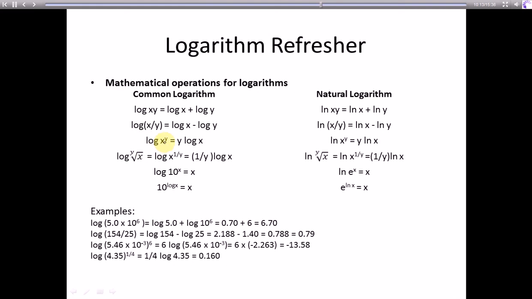If you're taking the log of some number x raised to the yth power, you can take that y and move it out to the very front so that you get y times the log of x.